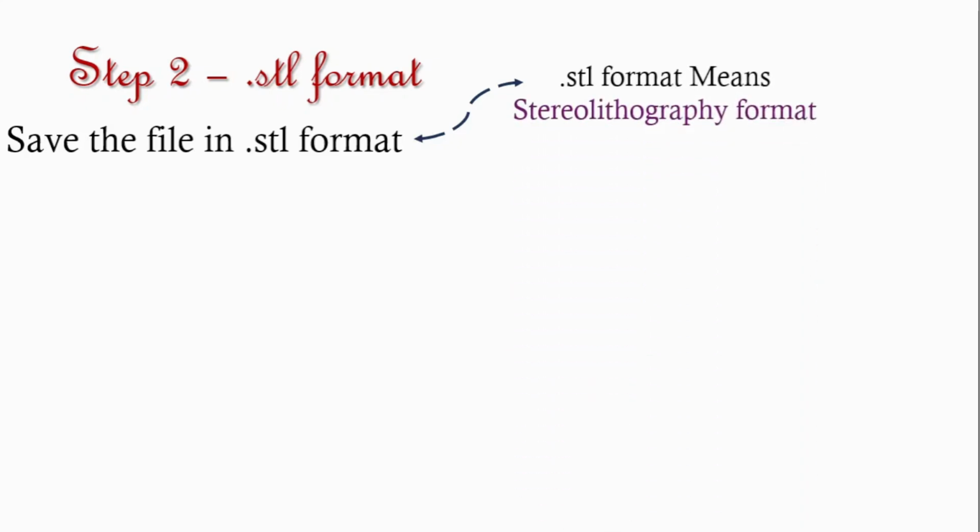Now let's move to the next step, step 2, and the next step is .stl format. You have to save the file in .stl format. The question will be, sir, what does this STL format mean? The answer is stereolithography format. Now again the question, what is this stereolithography format?